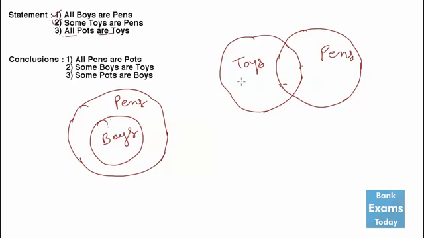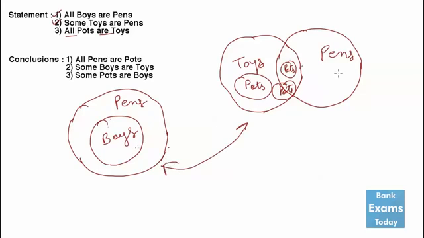All the pots are toys. So there is a possibility that the circle pot is here, or it can be here, or it can be something like this here. So these are our possibilities. So we can join these two diagrams.